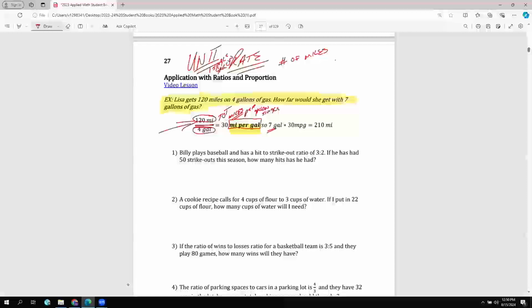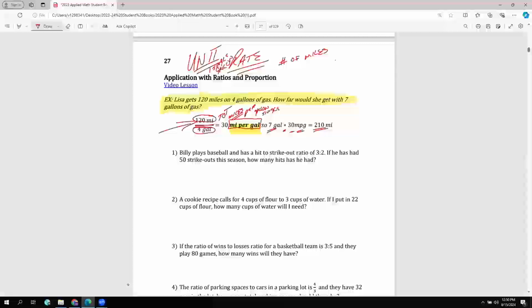If it's 30 miles for every gallon, then for 7 gallons, that's 7 times 30. Exactly. 7 times 30 miles per gallon means I'm going to go a total of 210 miles.